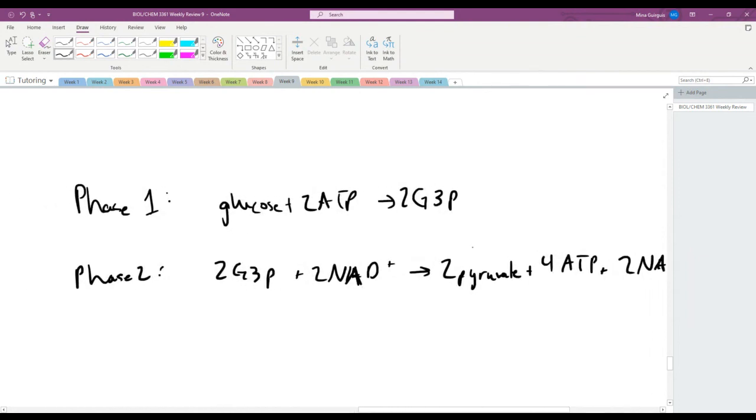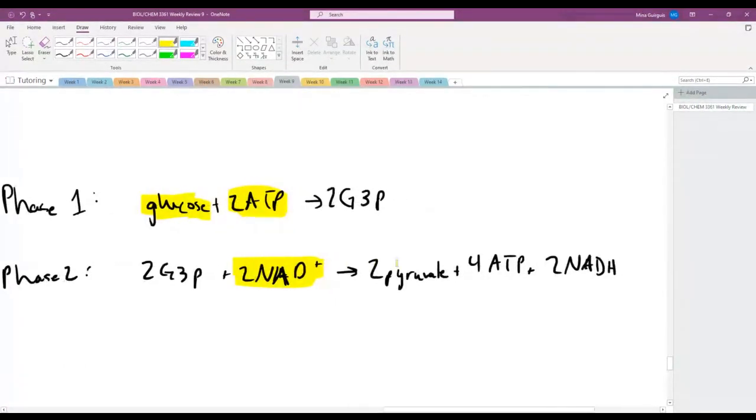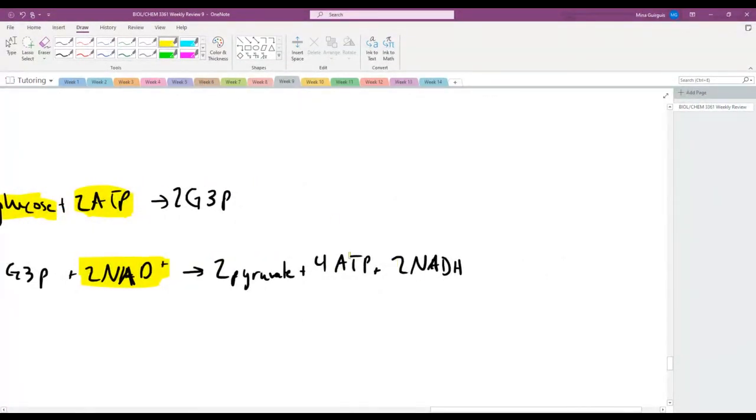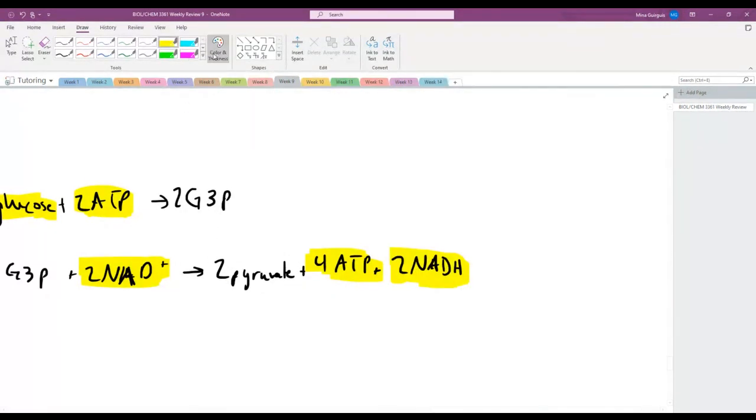So our reactants overall are we added glucose, we used a little bit of ATP and a little bit of NAD+. And out of it, we got even more ATP than we put in, and NADH, which we can now use because the NAD+ form has no energy for us.